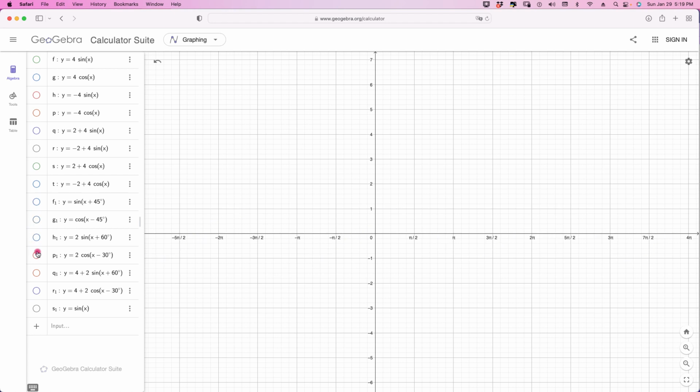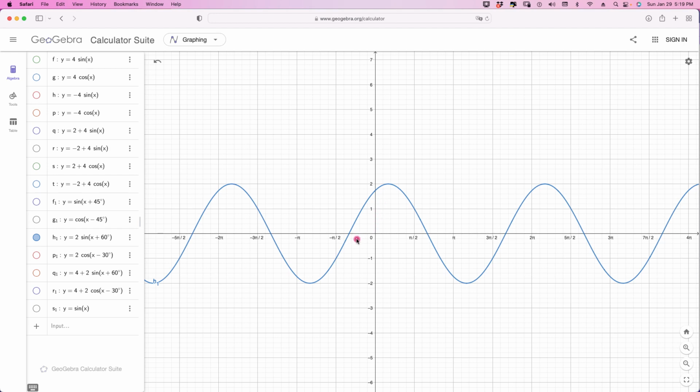So let's look at that original one, where we have 2 times the amplitude of 2 sine of x plus 60 degrees, which means it's crossing at the negative 60. That same exact line can be written as a cosine because 60 from 90 leaves 30.